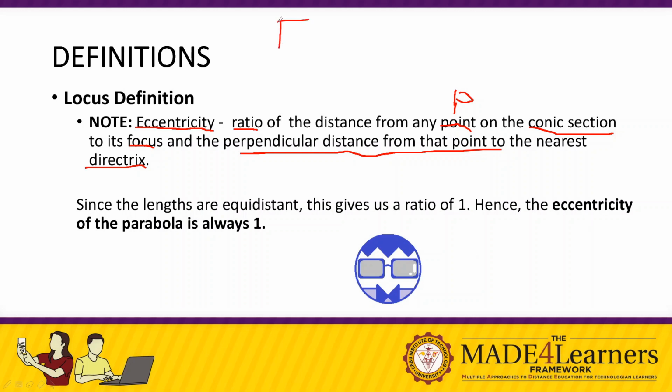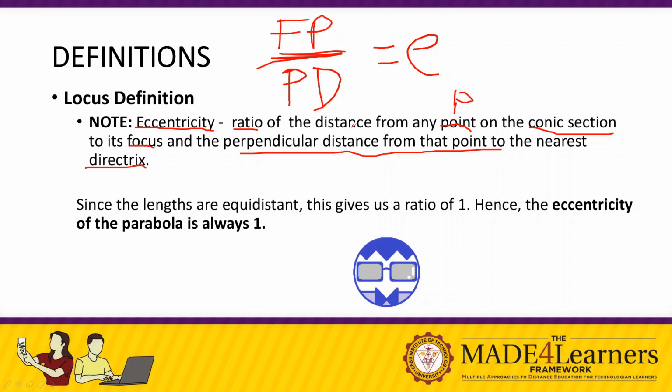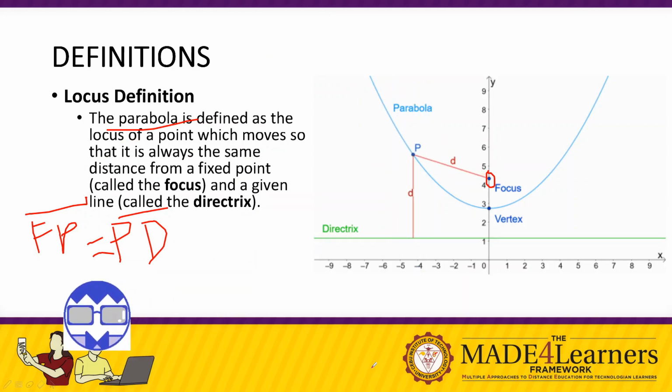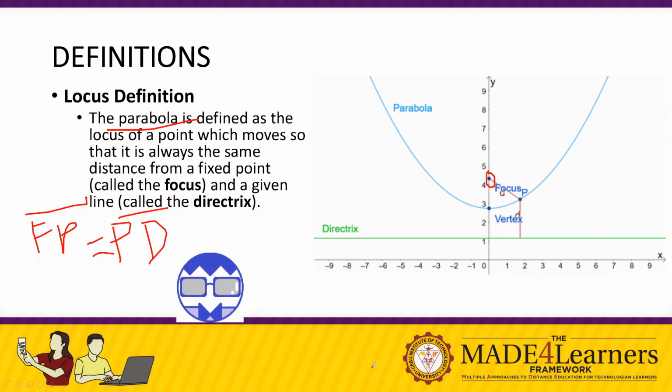The ratio of the distance FP over PD gives us the eccentricity E. So if we divide FP and PD, or FP over PD, it gives us the eccentricity E. Observe that in our parabola, FP is equal to our PD.